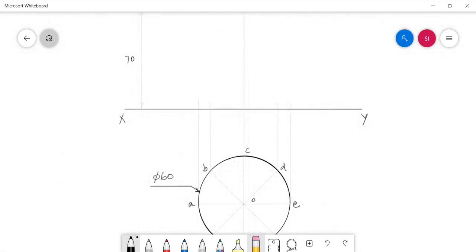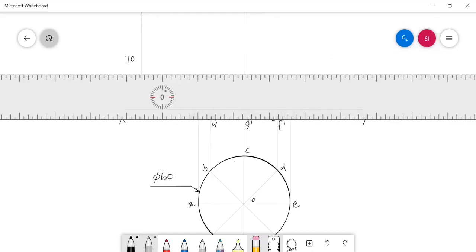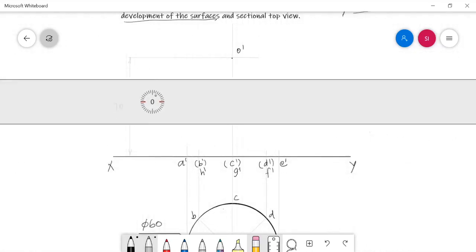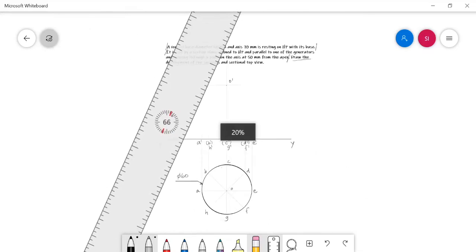And now I need to mark each and every base point in the front view, starting from A dash, B dash, C dash, D dash, E dash, F dash, G dash, and H dash. Now let me connect the apex point and all base points.